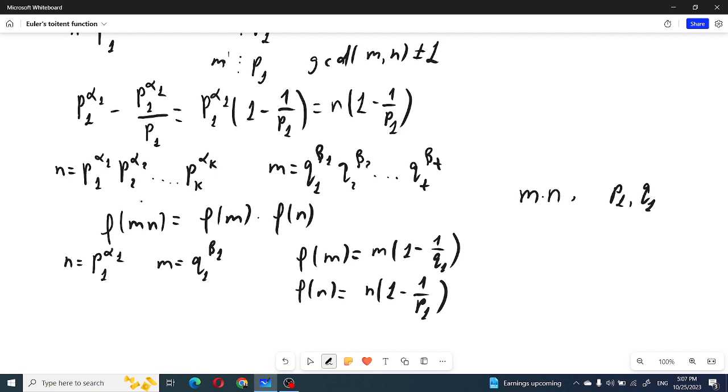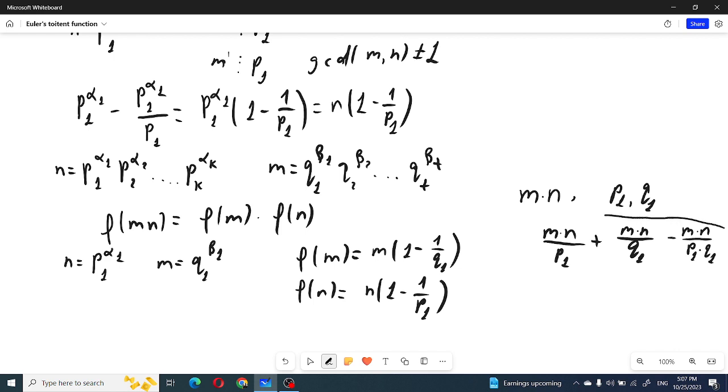So the number of integers which are multiples of p1 equals m times n over p1, and the number of integers which are multiples of q1 equals m times n over q1. But we have counted numbers which are multiples of p1 and q1 at the same time twice, so we need to subtract this number, m times n over p1 times q1.